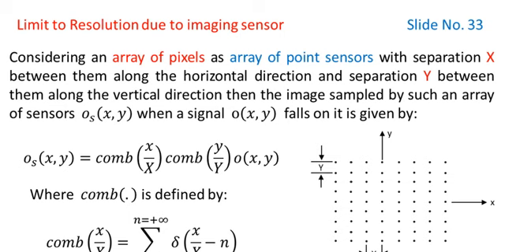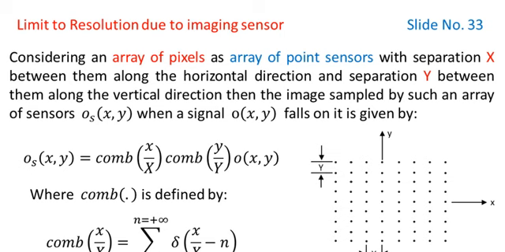Now consider an array of pixels as an array of point sensors. That is, we are considering that the pixels are very small, so that we can consider them as point sensors with the separation capital X between them along the horizontal direction and separation capital Y between them along the vertical direction.